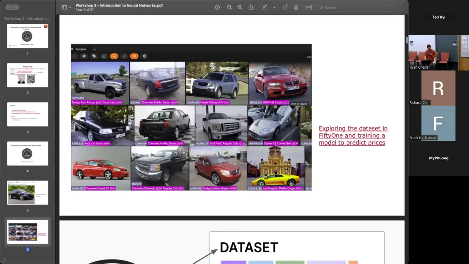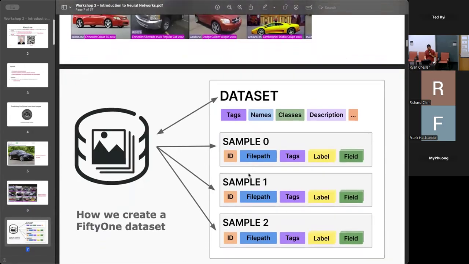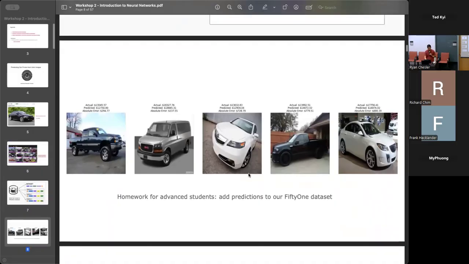And so we see the Lamborghini down here is 225K, and this Dodge Caliber wagon next to it is 4K, for example. And so we're trying to train a model that actually looks at the image and grades the quality of the car and then makes some distinction there.